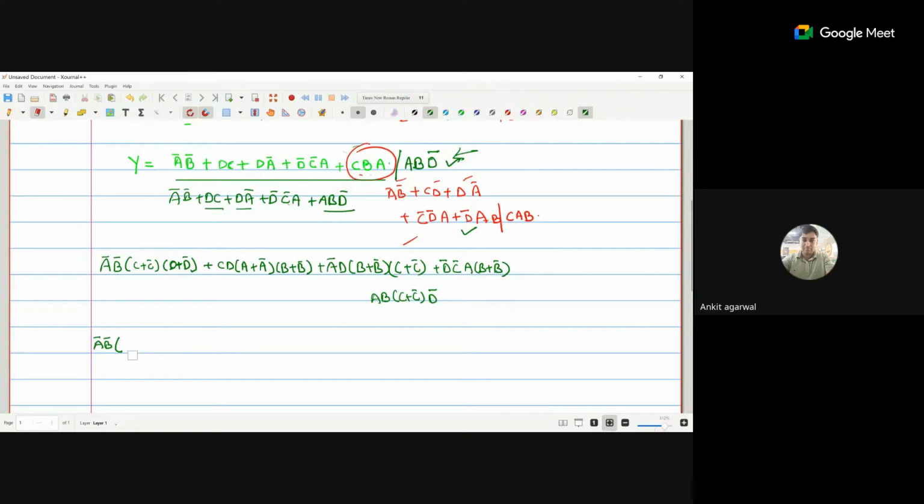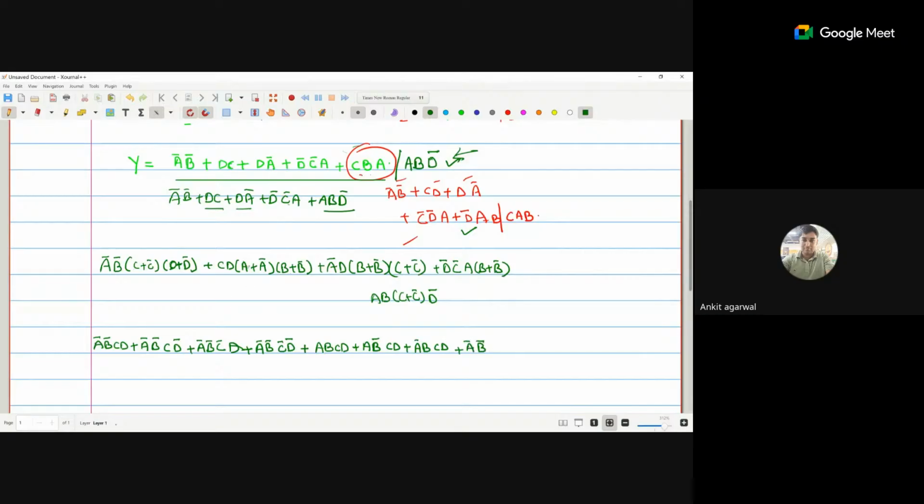So I directly multiply: A, B, C, D, A bar, B bar, C, D bar, A bar, B bar, C bar D, plus A bar, B bar, C bar D, plus A, B, C, D, plus A, B bar, C, D, plus A bar, B, C, D, plus A bar, B bar.